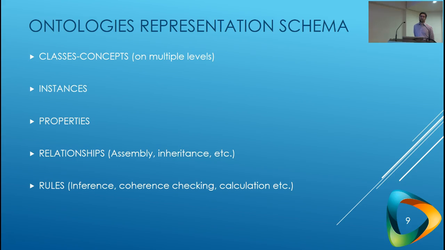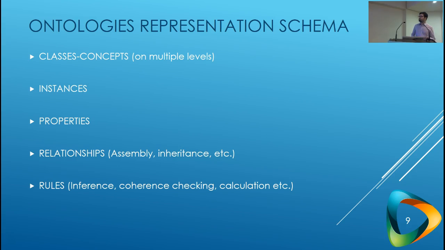We have classes, actually concepts, which they consider as classes, and those can be organized in multiple levels. So we don't have the 3-layer structure as in the BIM environments, but we have more. We can have a lot more depth in the taxonomies and the semantic networks.